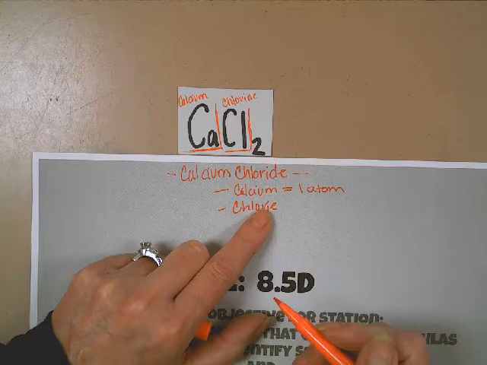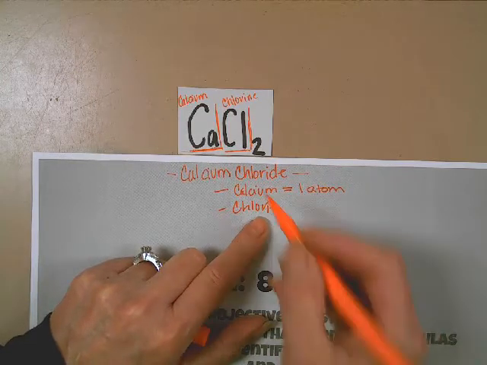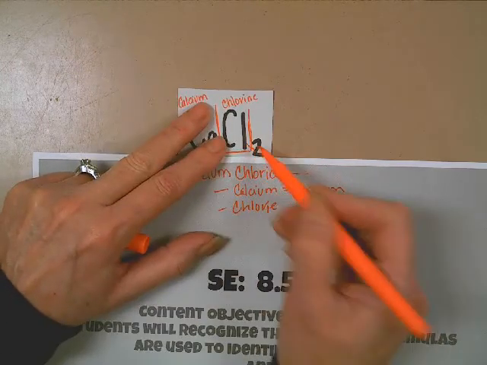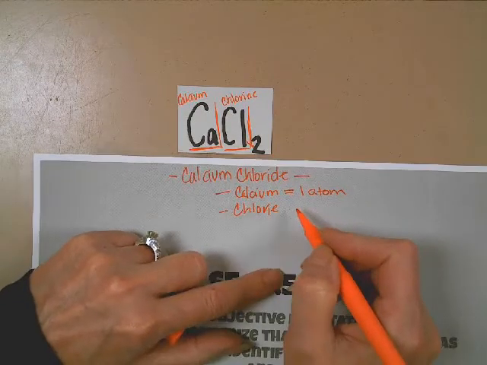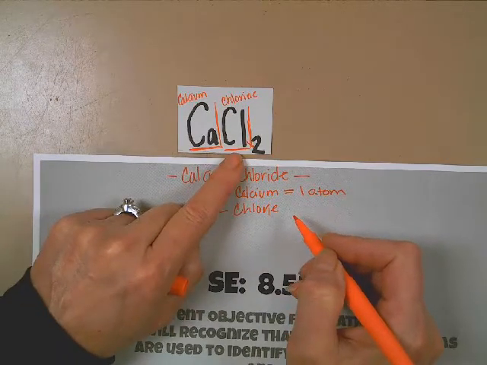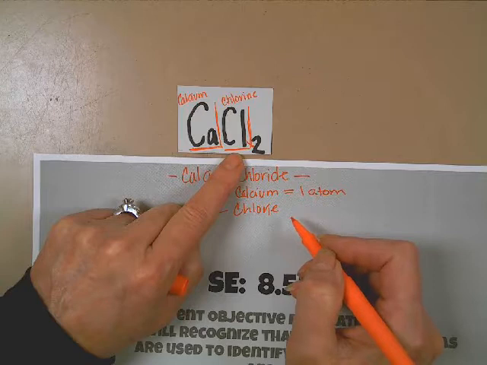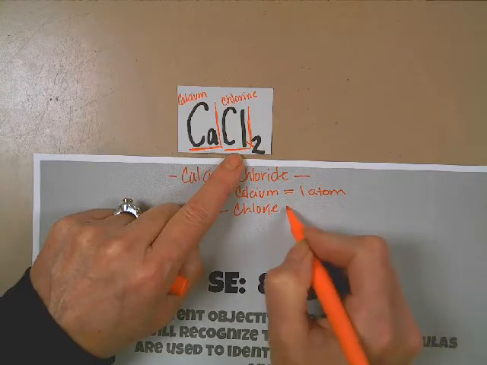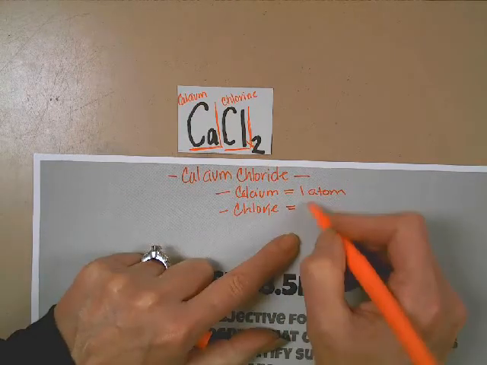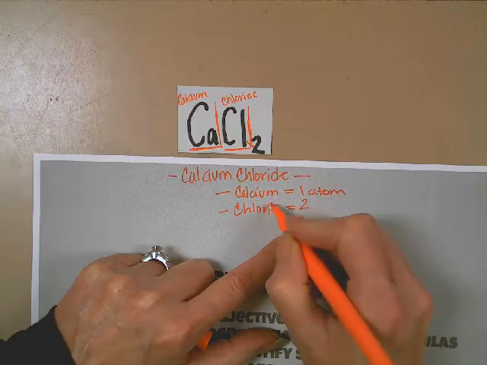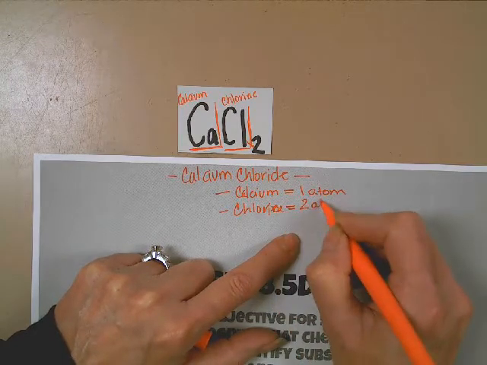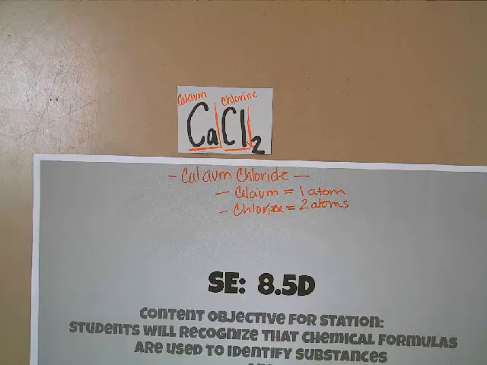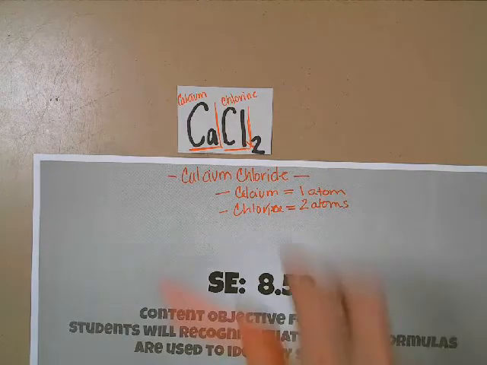What about chlorine? Chlorine is followed by the 2. It would only be the symbol if it had just one atom. There are 2, and that's what the little subscript tells us about chlorine. There are 2 atoms.